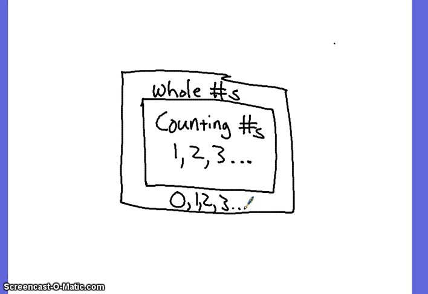All right, so the whole numbers are very similar to the counting numbers, except there's one more number involved. And that one more number is 0. So our whole numbers are the same as counting numbers with the addition of the number 0.